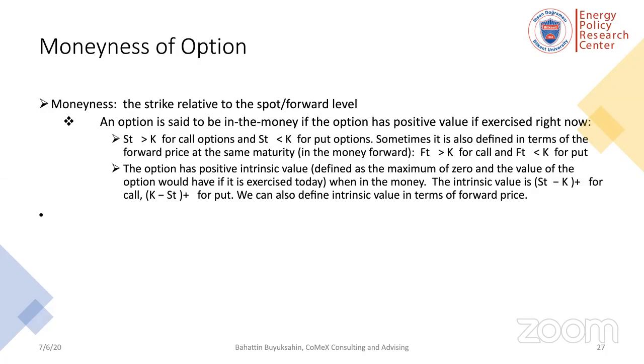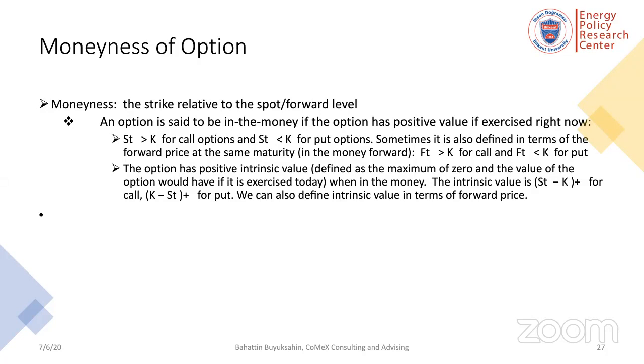An option is said to be in the money if the option has positive value if exercised right now. So call option is in the money when strike price is lower than the current underlying price. Put is in the money when the strike price is higher than the current underlying price.